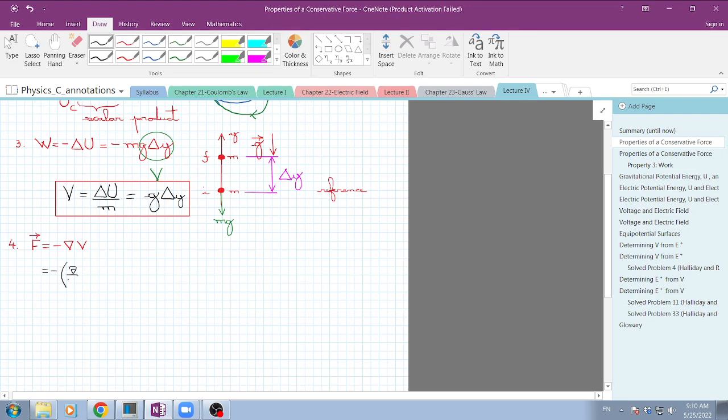This is going to be the del x i hat, del y j hat plus del z k hat, applied in this particular field, right?